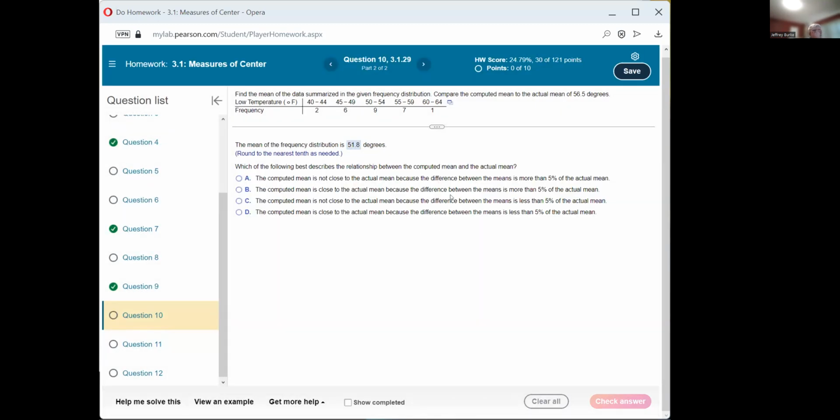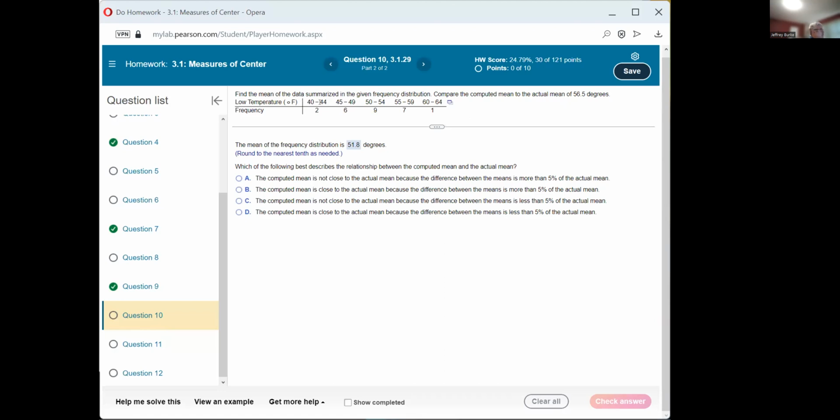Which of the following best describes the relationship between the computed mean and the actual mean? What happens is because we're doing this in a frequency distribution, we can't be sure exactly what these values are. And what's normally done is there's a procedure where we find the class midpoints.